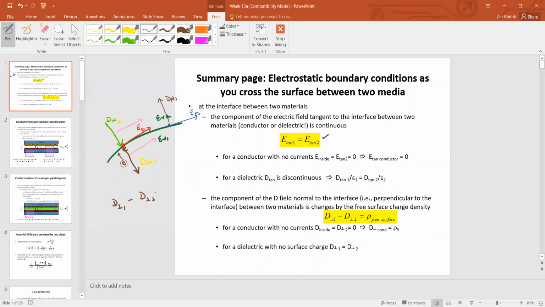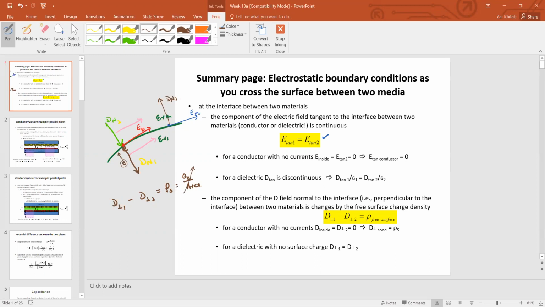If there are free charges, then it will be the charge divided by the area of the surface upon which the electric field is falling. So it will bring charges to the surface.